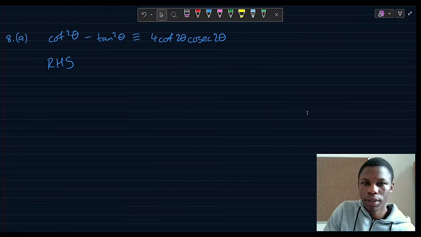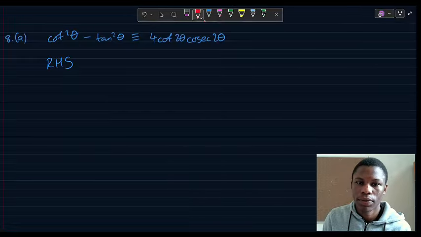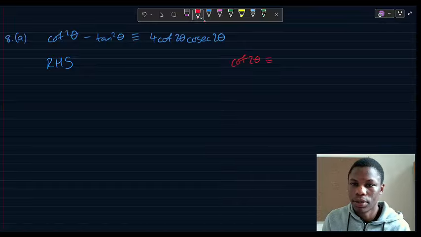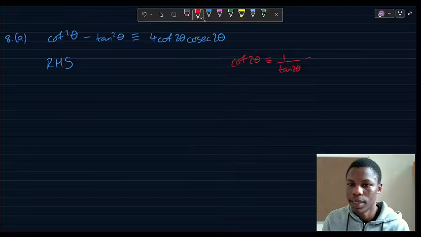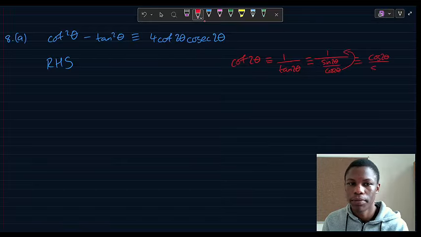So if we start with the right hand side, we know that cot 2 theta is identical to 1 over tan 2 theta, which would be identical to 1 over sine 2 theta over cos 2 theta, which is just the cos 2 theta comes up top. So cos 2 theta over sine 2 theta.